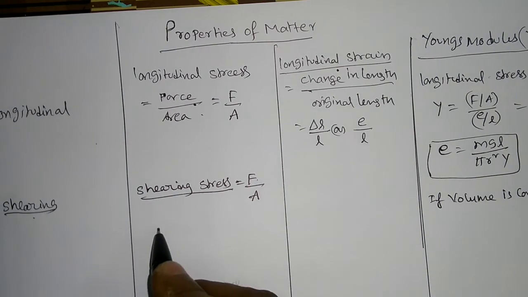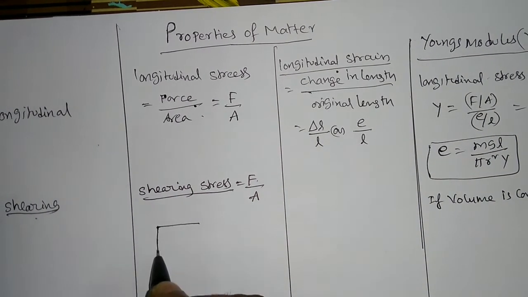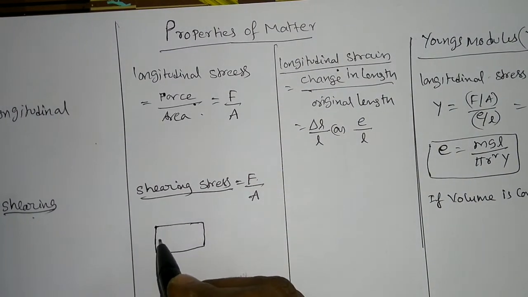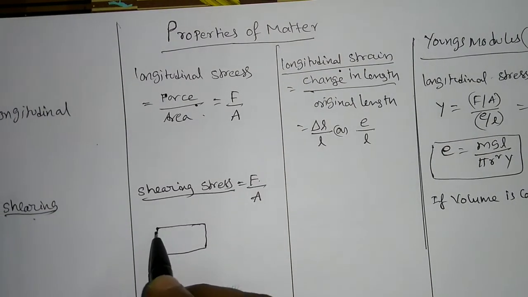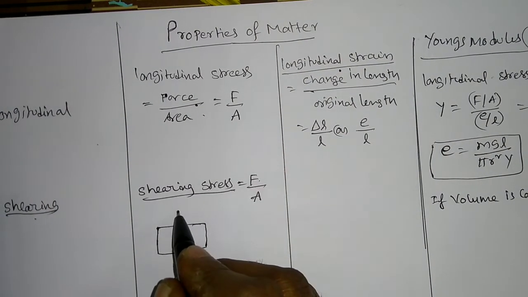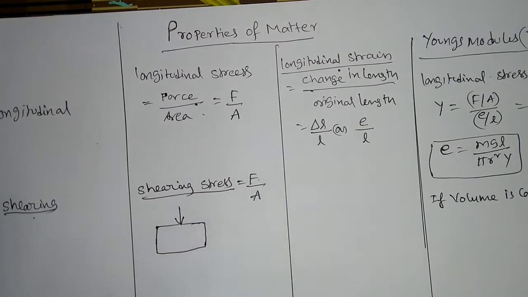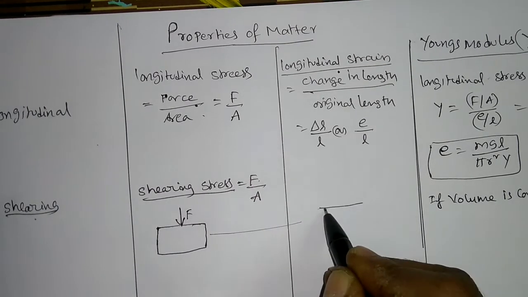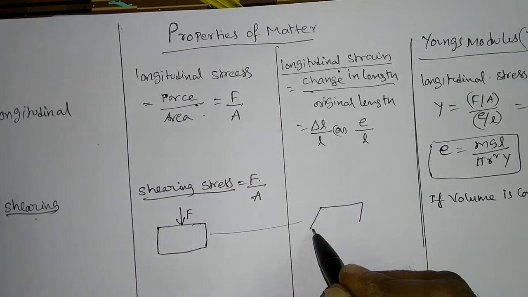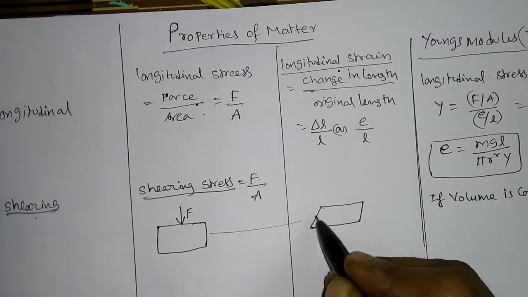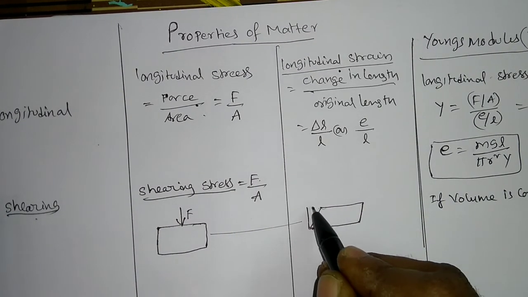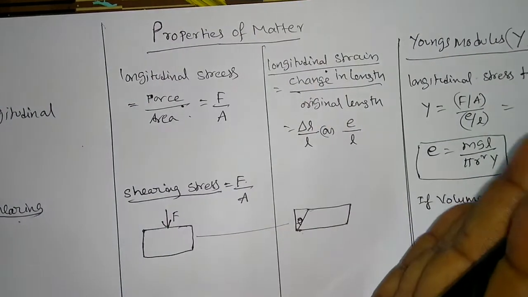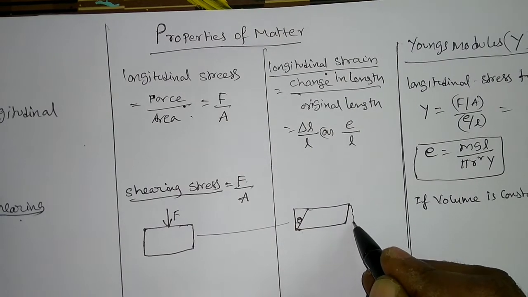Say, for example, if you take a rectangular box like this, and apply some force F on it, automatically the shape of the box will change to this. This is looking like a parallelogram. That means the bending angle is theta, and here is also theta.